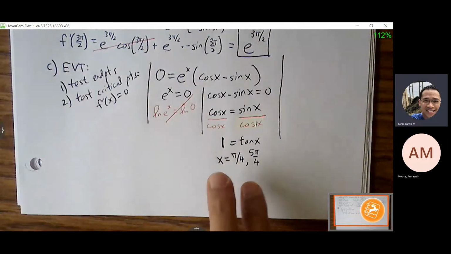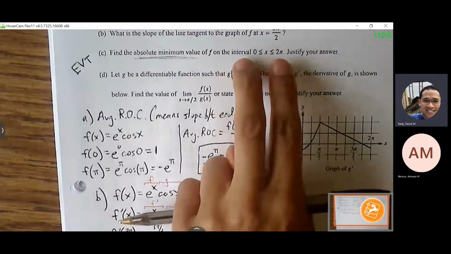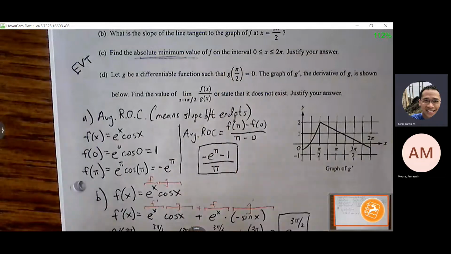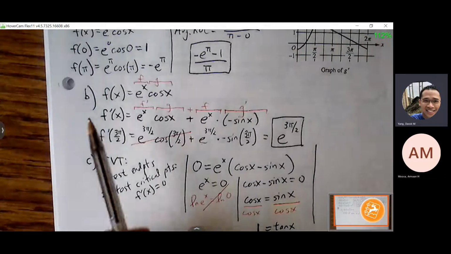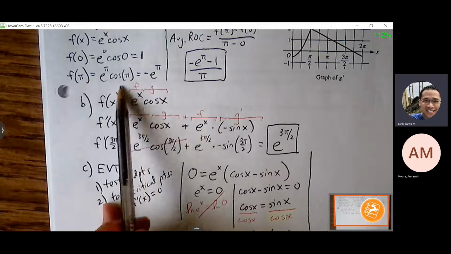Okay, so there we have it. We have our critical points that we're testing. We have our endpoints that we have to involve as well. So now we're going to insert them all into the original function and see which one produces the absolute minimum value.